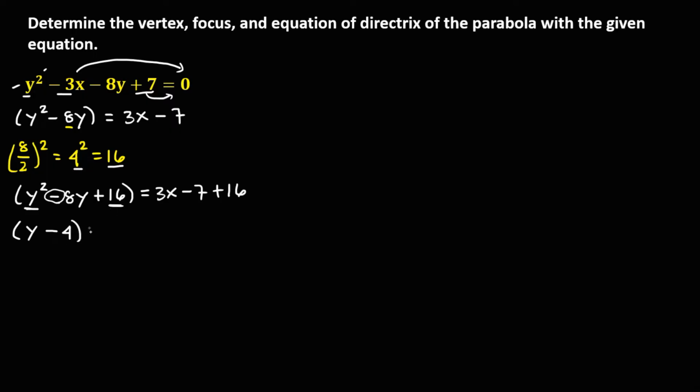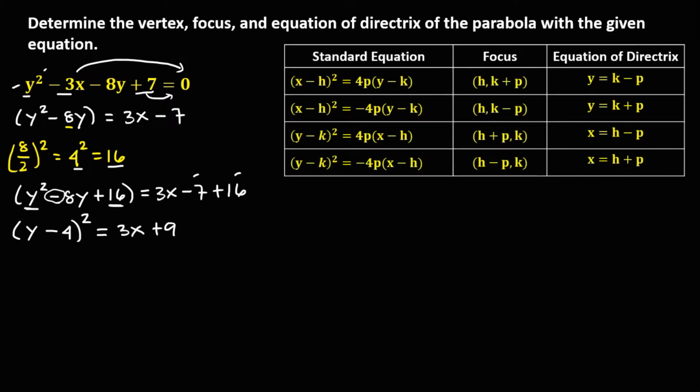So we have (y minus 4) to the power 2 equals, for the right side, we have 3x, and this negative 7 plus 16, that's positive 9. Then from the standard equation, observe that on the right side, there is no numerical coefficient for y or x. So we need to put this 3 outside.